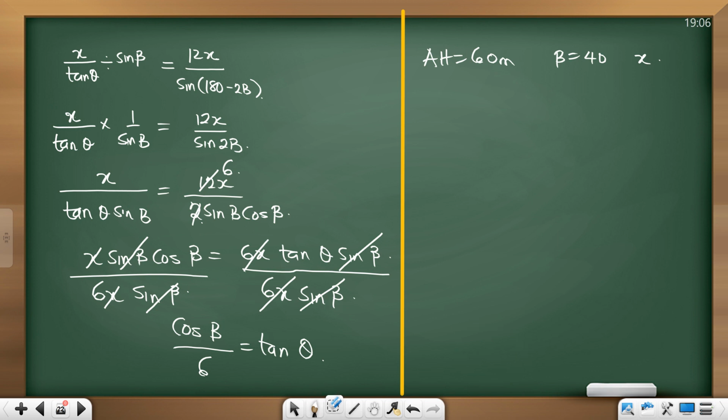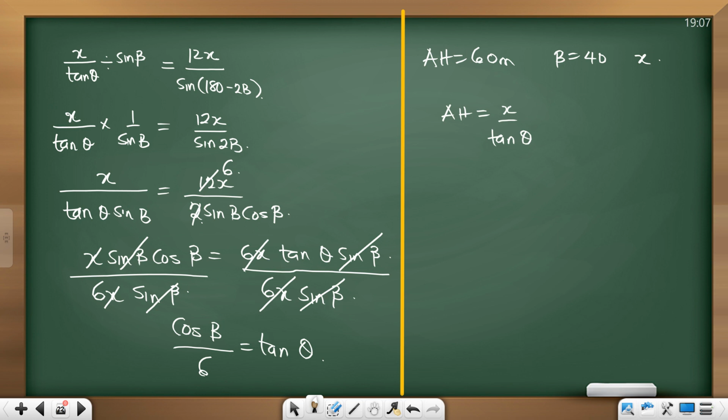Are you for real? Okay, let's see. We got X as something, right? We got tan theta equals to what? X over... No, it's the other way. AH equals X over... This is what comes to mind first, right?